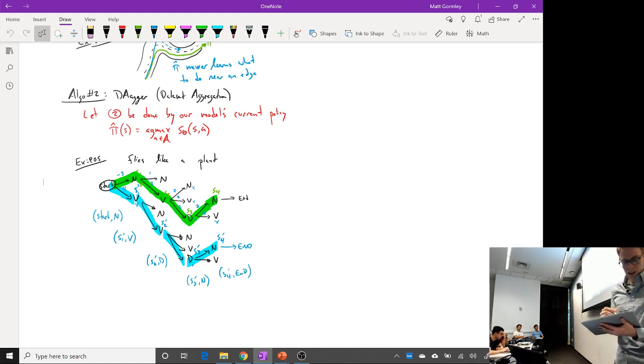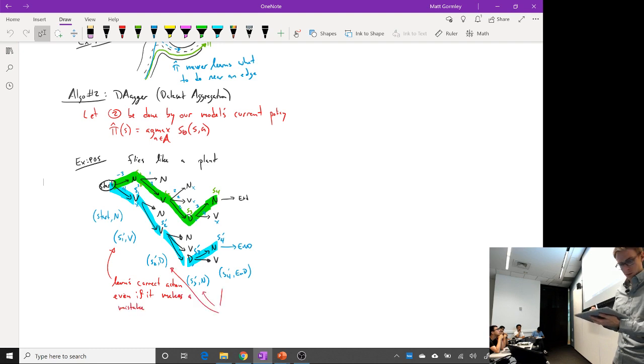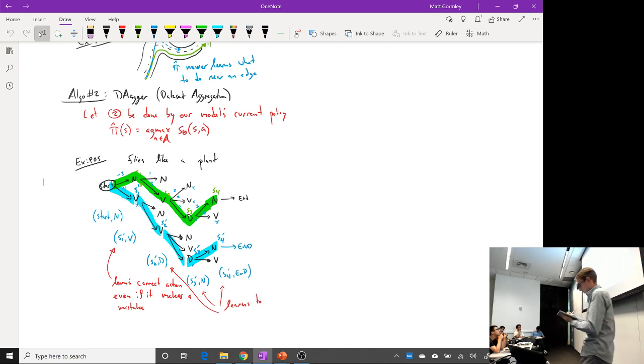Okay, so there's a couple really important things going on. I guess one is here where it learns the correct action, even if it makes a mistake. And then second, through all of these other training examples, it also learns to correct for its mistakes.